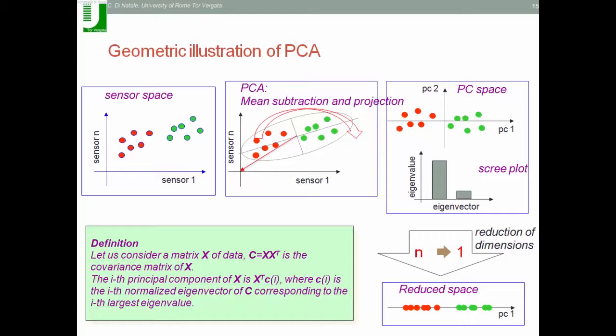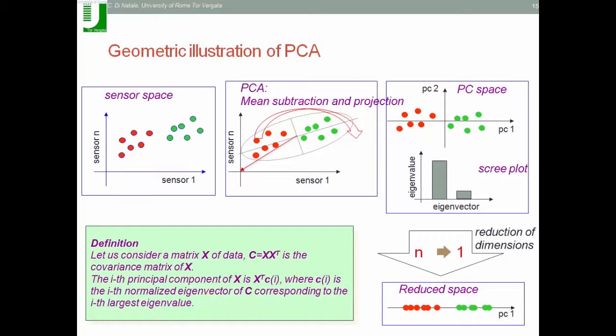We have the information about the sample shared by each sensor. The principal component, in some sense, distills this information among the principal components, and each principal component is uncorrelated from the others. This means that the variance that here is correlated, here is no more correlated, but the content in terms of information is the same.